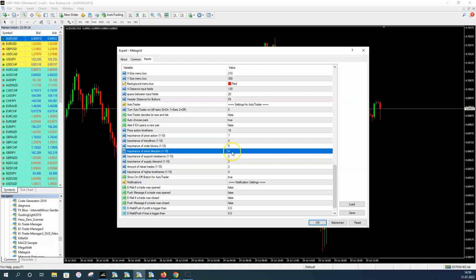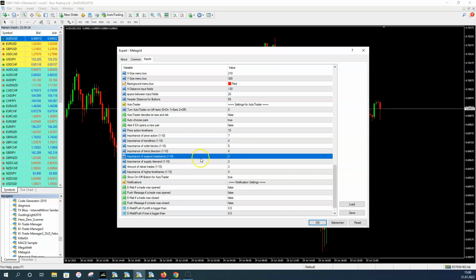This is the reason why by default this importance of trend direction is a little bit lower. If you like trend direction more, then you can, for example, go to a higher number. But the opposite trades are often very good, so the importance is by default not so much.